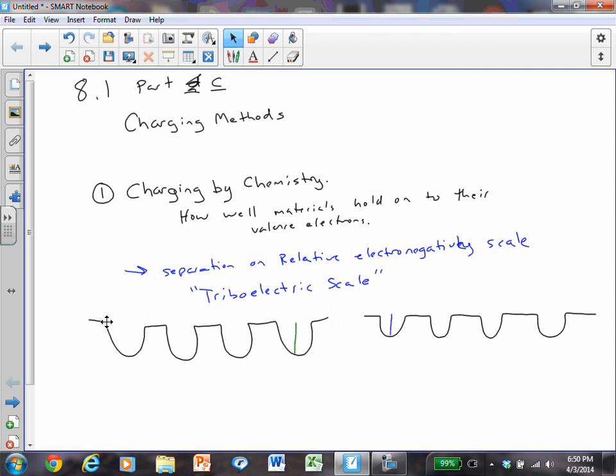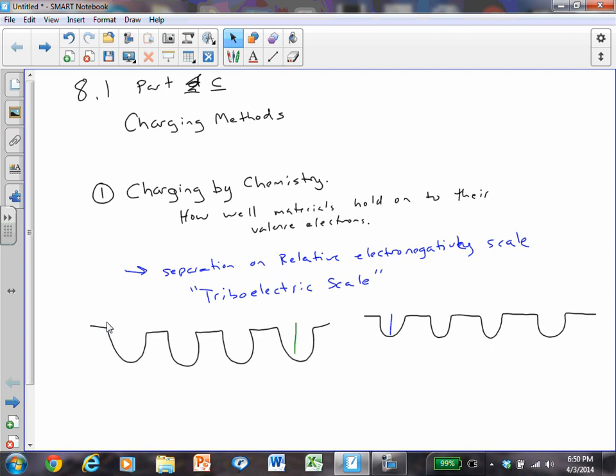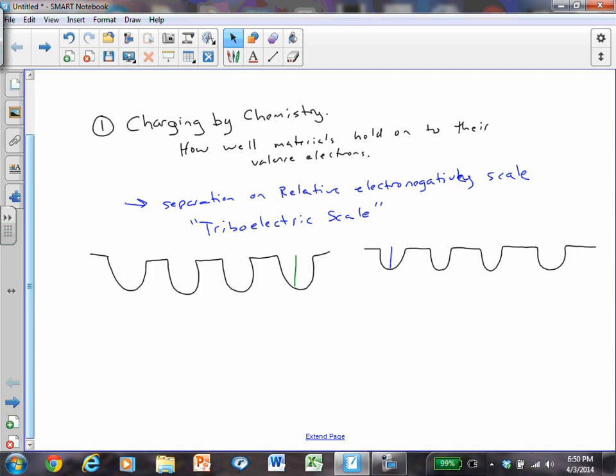So when you charge by chemistry, that's what we're really talking about. It's a different chemical property, the different electronegativity, that matters when you bring these into contact with each other, like this one over to this one, some of the electrons will transfer among them when they're in contact.